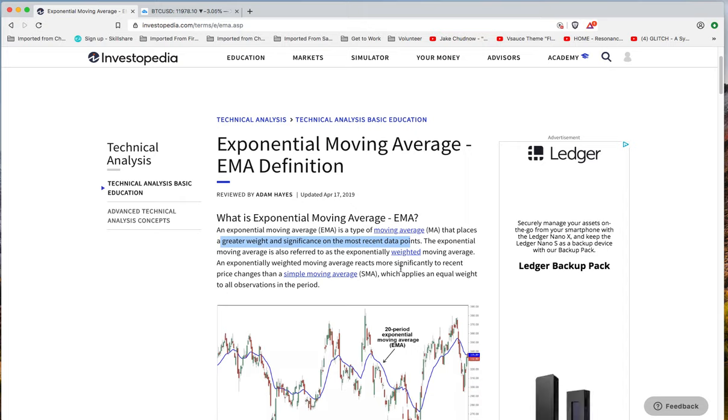And why this is important in comparison to a regular moving average or a smooth moving average is that by giving that weighted power to the most recent data and giving it more relevance, you can track and see the swings of the price and where it's going in correlation to the trend and that average much more quickly.